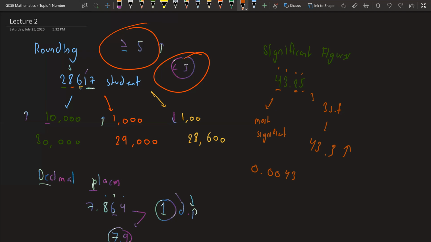If I were to round to the first significant figure, it would be 0.004, because this is the first significant figure. The zeros are not really significant figures, they don't count.